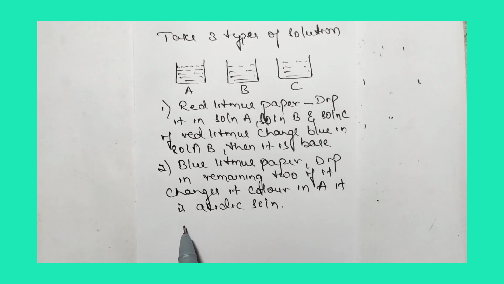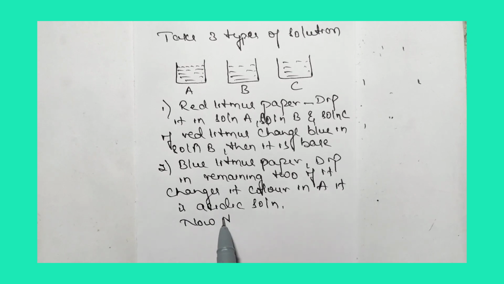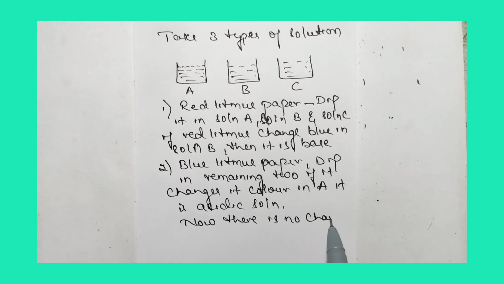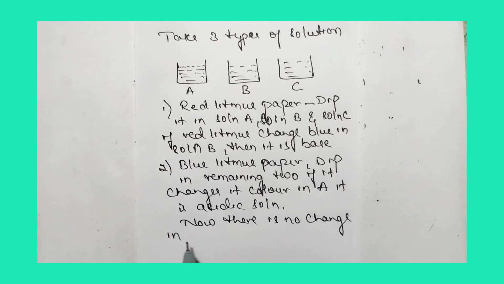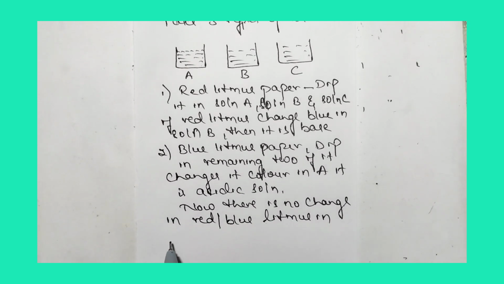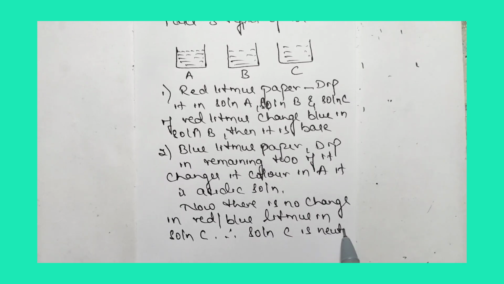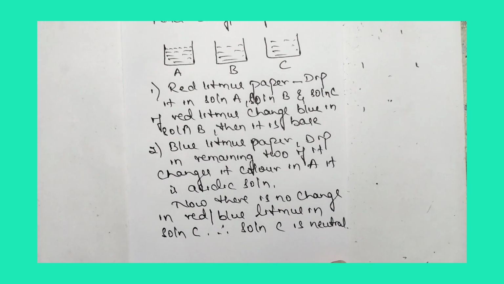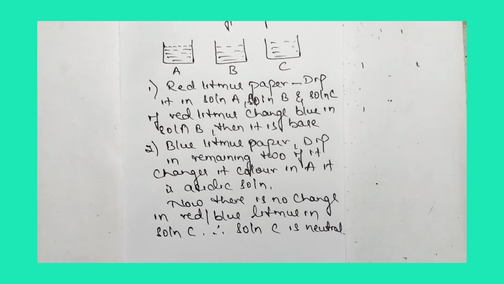Now there is no change in red or blue litmus in solution C. Therefore solution C is neutral. So like this we can identify which is the neutral solution.